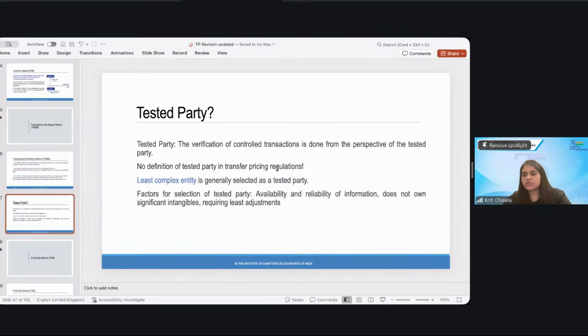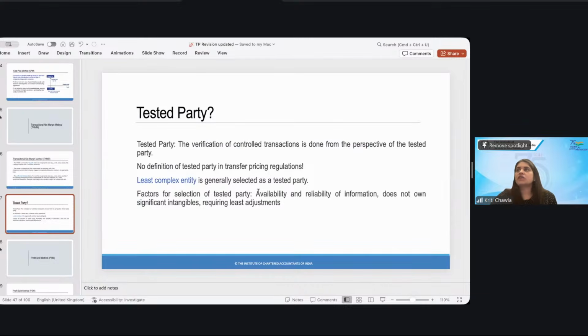It's always going to be, they say, the least complex entity which will become, or which will be selected as, the tested party. Now, there are a few factors because this is not defined in law. They have provided a few factors out there for the selection of tested party. These factors are availability and reliability of information.